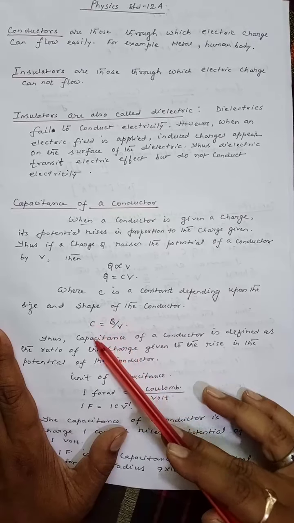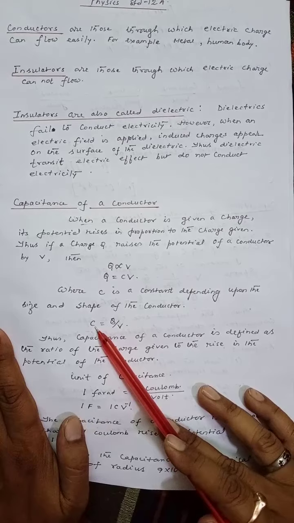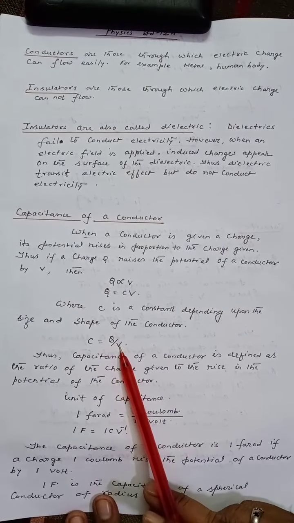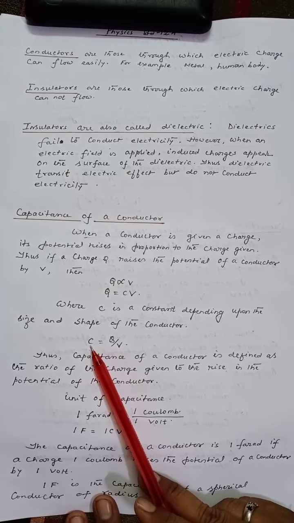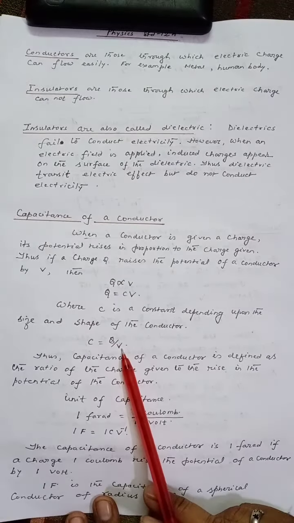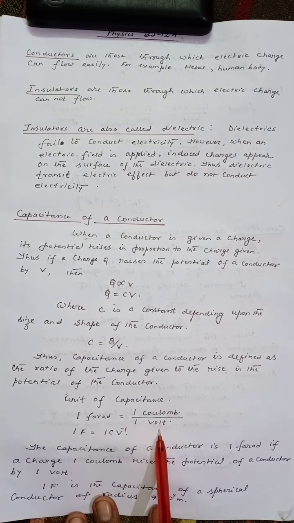Now from this relation we can find out the unit of electrical capacitance. C equal to Q by V. Therefore the unit of capacitance equals unit of charge by unit of potential. So 1 farad equals 1 coulomb by 1 volt.